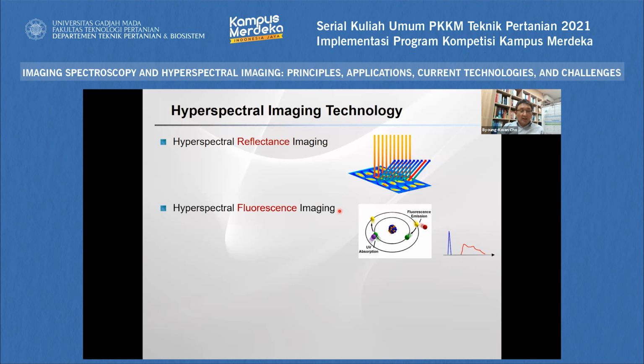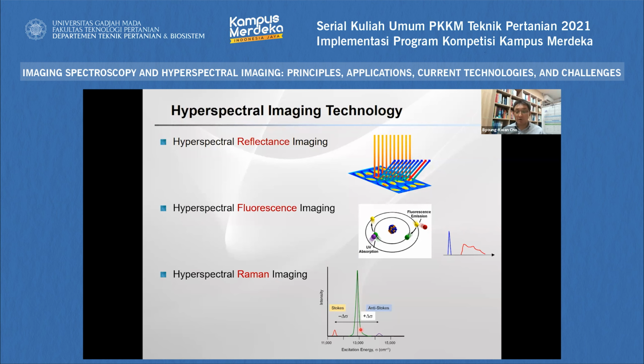Another technology is hyperspectral Raman imaging. It uses Raman scattering. What is Raman? I don't want to go deeper inside, but I'm trying to explain very briefly. So Raman scattering: we illuminate a material with a very strong light, like a laser.